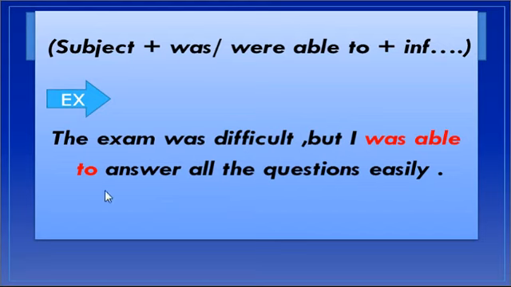Here I'm using was able to express ability in the past but in a specific situation. إيه ال specific situation اللي عندي؟ ال situation بتاعي اللي هو the exam، الامتحان. تمام. So I use إيه؟ I use was able to. تمام. Let's have another example.